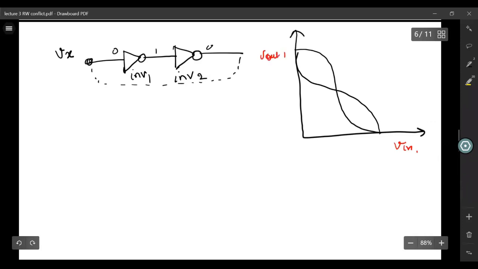Now what we are doing is, we are applying this Vx to this input, right? This is, let's say, our Vm. And we have another critical point, which is VTH of this N. So we have these two critical elements.